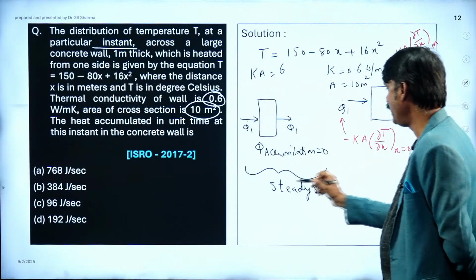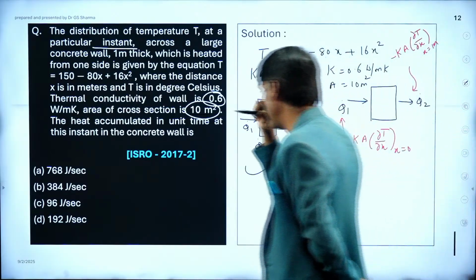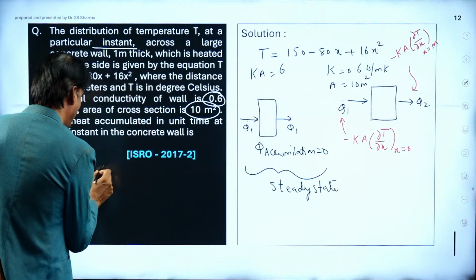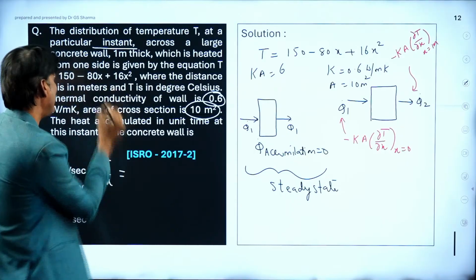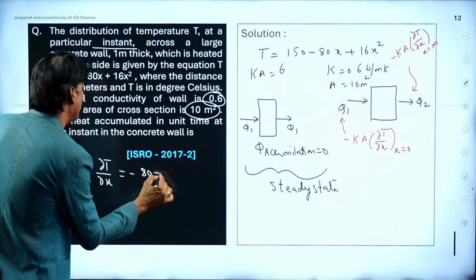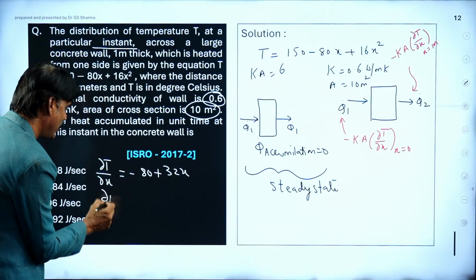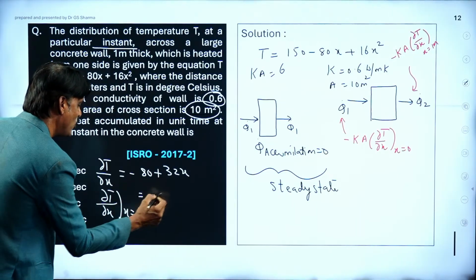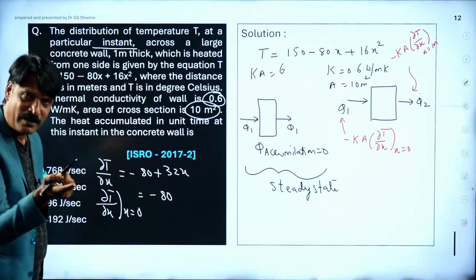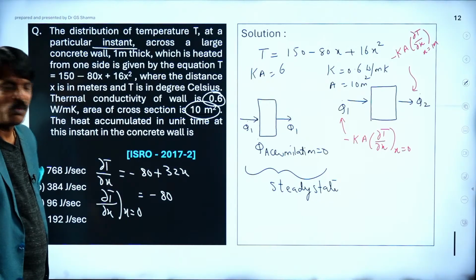Now I will take the differential of this. dou T by dou X is minus 80 plus 32x. I want dou T by dou X at X equal to 0, it comes out to be minus 80. The gradient at that particular instant corresponds to location X equal to 0.